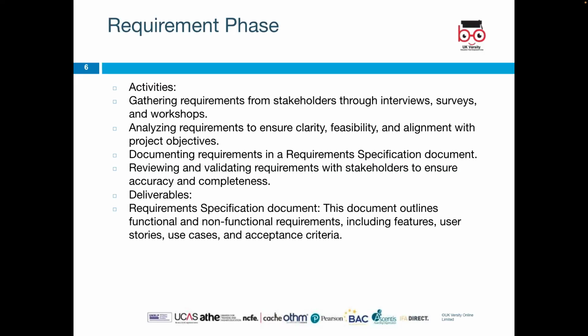Reviewing and validating requirements with stakeholders to ensure accuracy and completeness. What are the deliverables, the things that you'll be required to deliver? The requirement specification document. This document outlines functional and non-functional requirements, including features, user stories, use cases, and acceptance criteria.